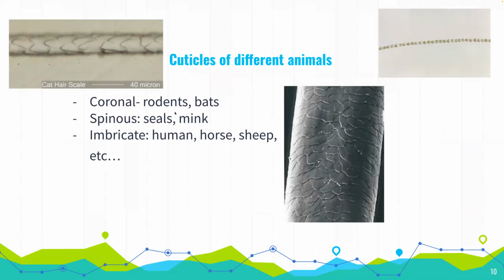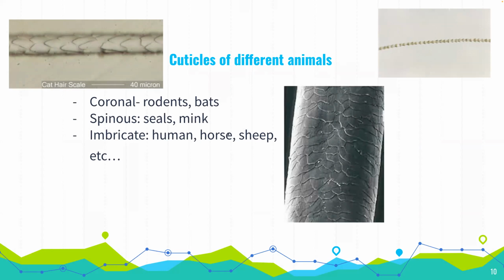But next, there are the cuticles of different animals. First there's coronal, and these are small rodents and bats. As you can see over here, they're kind of crown-like. It's a small picture, but they're all uniform, I guess, and all stacked on top of each other. And then there are spinous, and these are seals and mink. As you can see, they're very spiky.